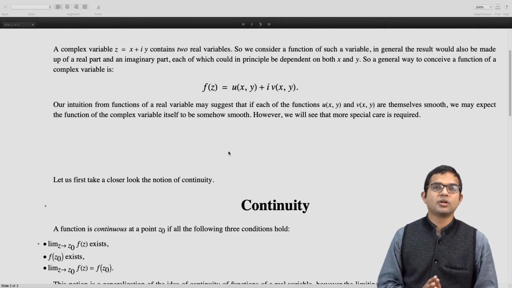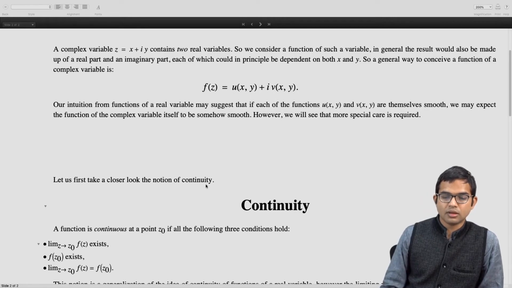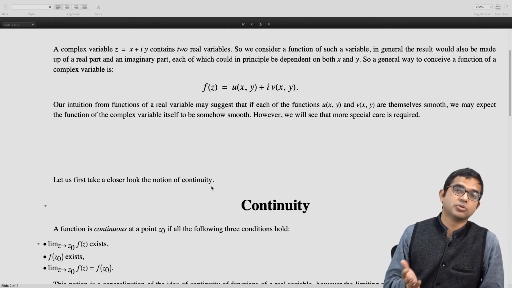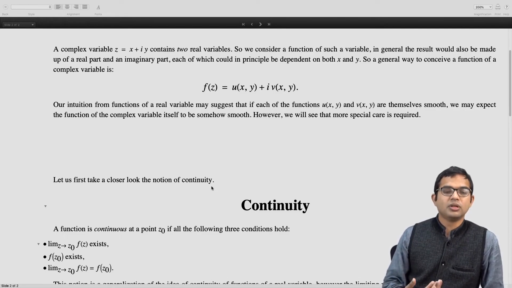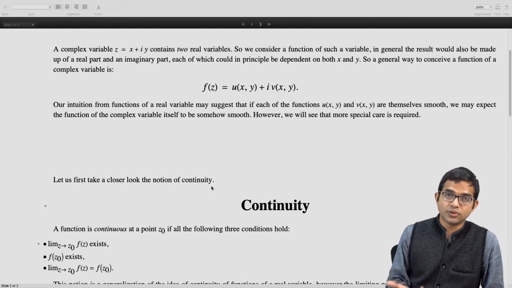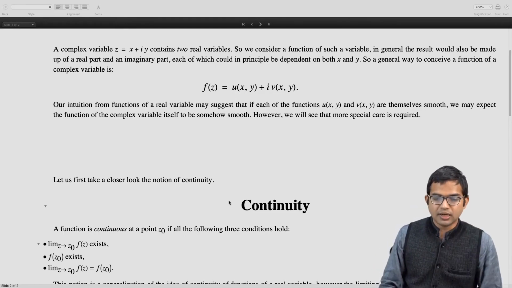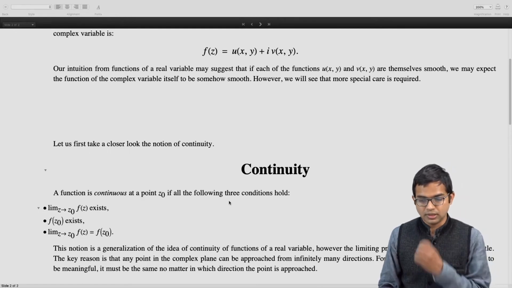But here it's a little more involved. The condition here is that the limit should be the same no matter which direction you approach this point z0. If that is true, then the limit exists, and not only is it enough for the limit to exist, the value of the limit must be equal to the value of the function itself at that point, and then the function is continuous. So this seems like a very reasonable requirement for continuity.